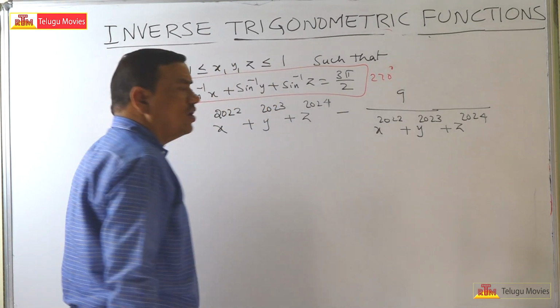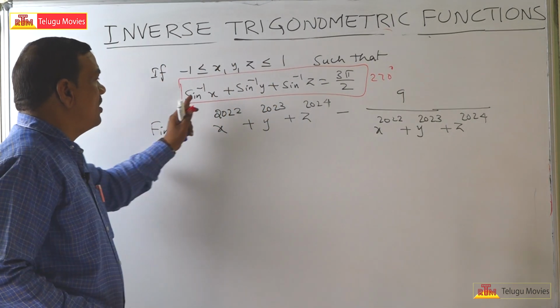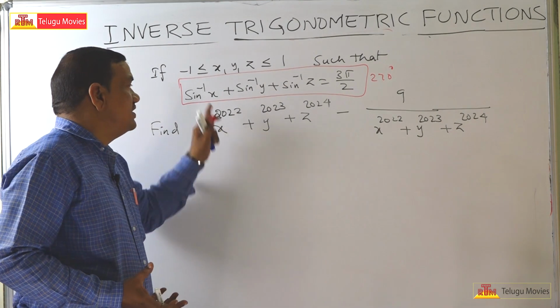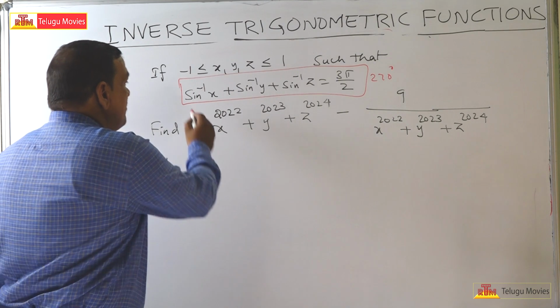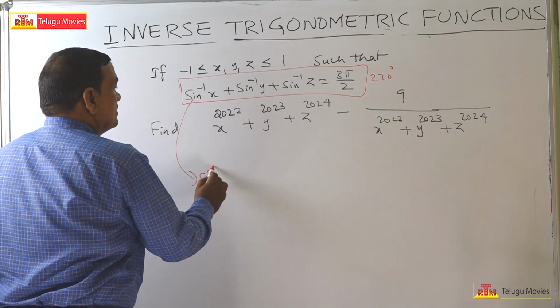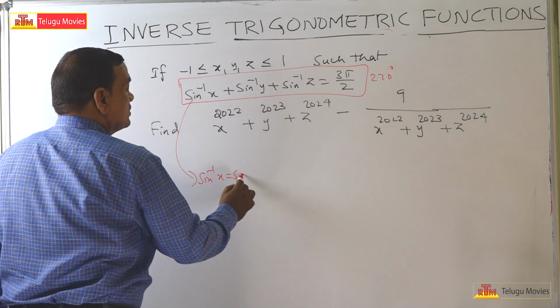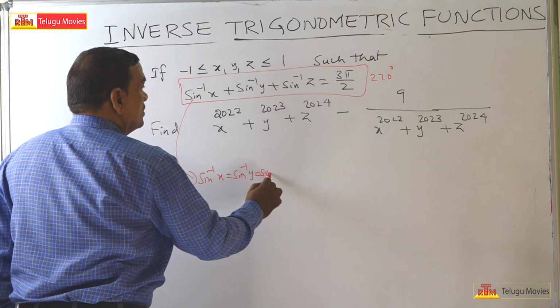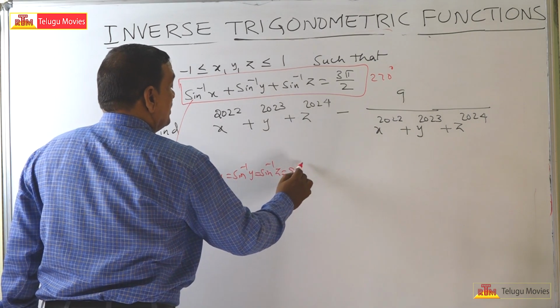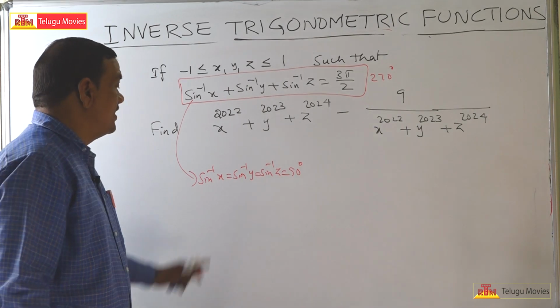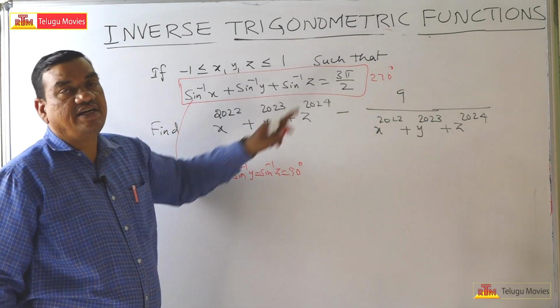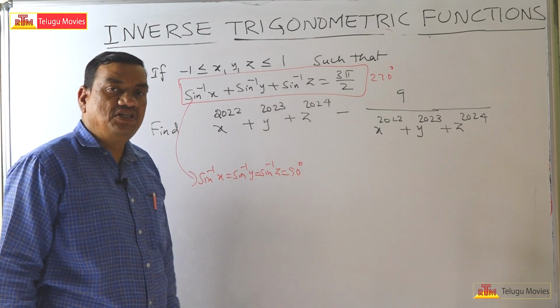He has not mentioned the value of each angle, but for my convenience, I will take sin inverse of x, sin inverse of y and sin inverse of z, each equal to 90 degrees. Can I take 90 plus 90 plus 90? 270. Easily we can take.